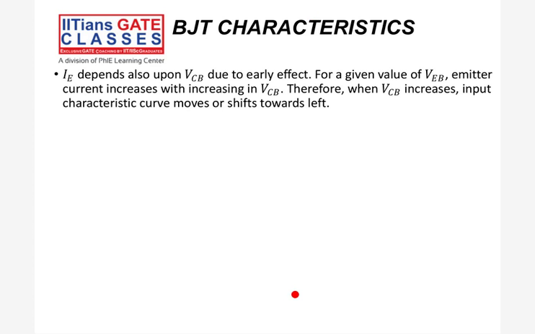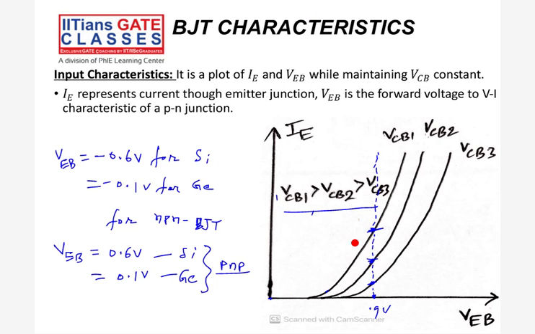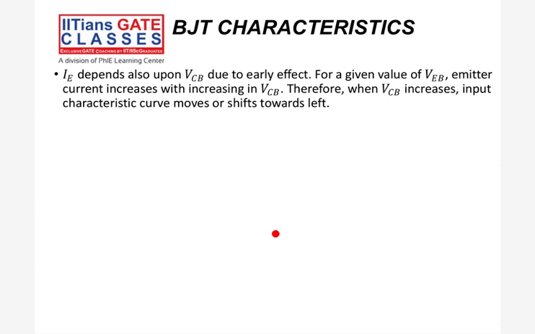That I have shown here. This curve was moving towards the left when this early effect comes. So this was all about the input characteristic, and the input characteristic is nothing but a forward bias diode current and voltage characteristic.